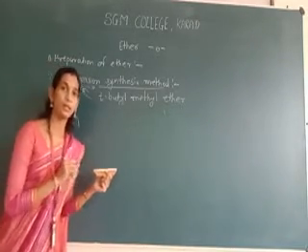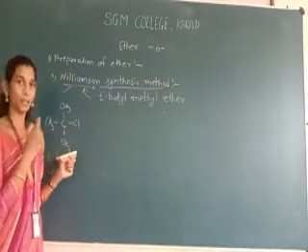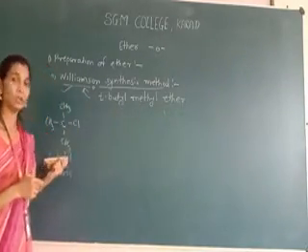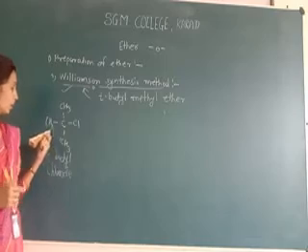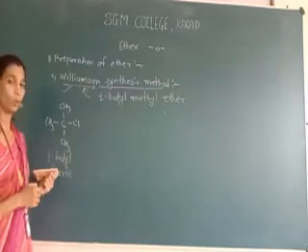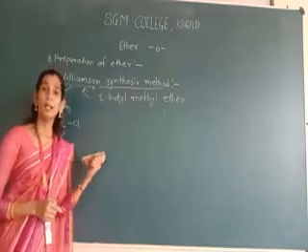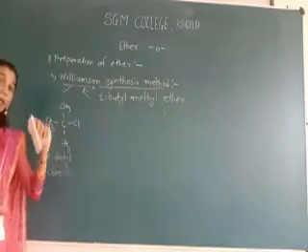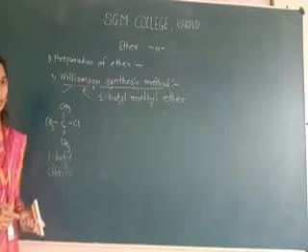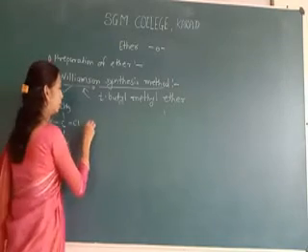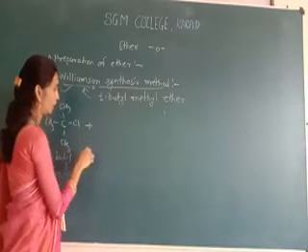We are seeing the examples of secondary or tertiary, tertiary butyl chloride or tertiary alkyl halides. It is treated with sodium ethoxide. We are taking the sodium ethoxide or methoxide.